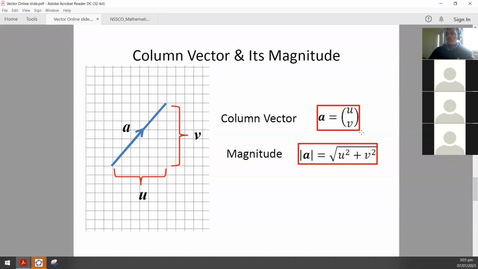Change in x, change in y. And then the magnitude will be the absolute value of A, all right? The positive value of A, which is now the size as well, where the distance is a positive number. And then we have u squared plus v squared, and we root all of them together. We already explained how we get to this part over here, all right?